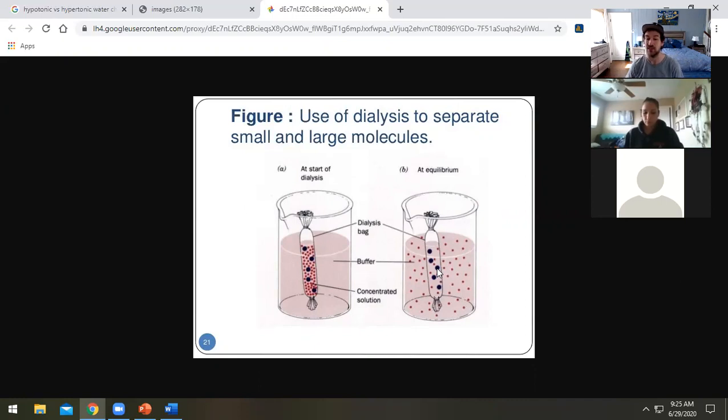Now it's what we call an isotonic solution. It is able to stay the same on both sides. Now that's one version of what would happen here. Occasionally you'll get the other version, where water from outside will actually move inside the bag. And then you'll actually lose water level out here, but this will start to inflate.